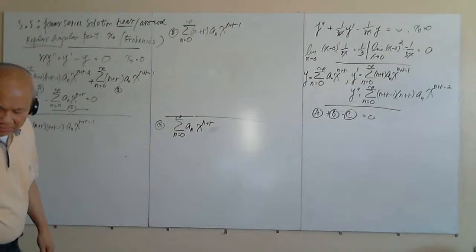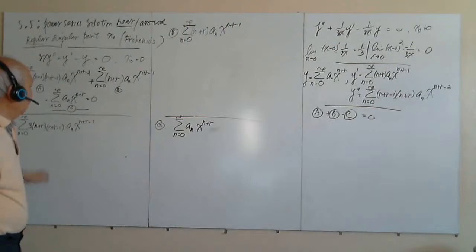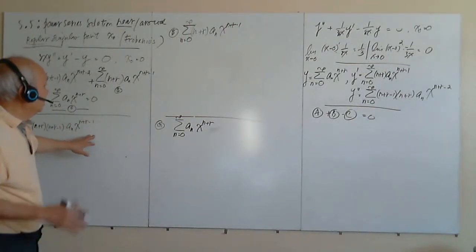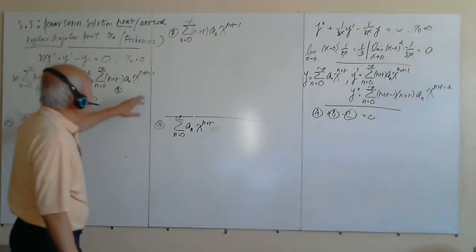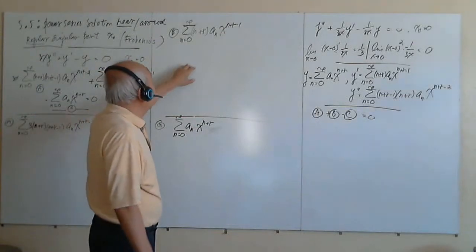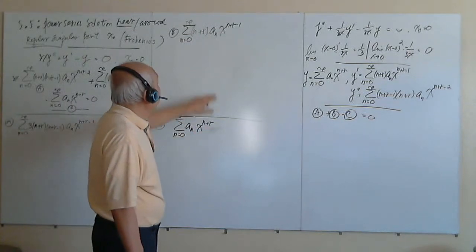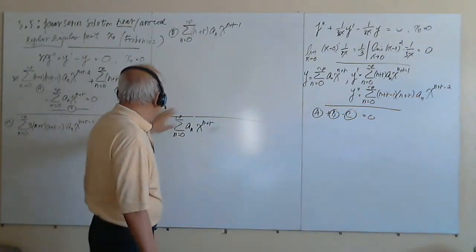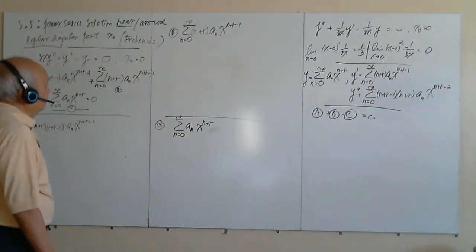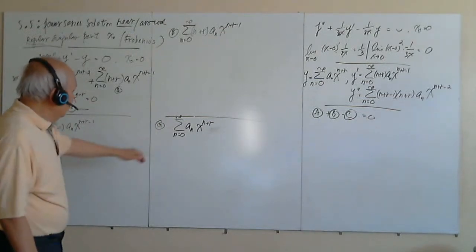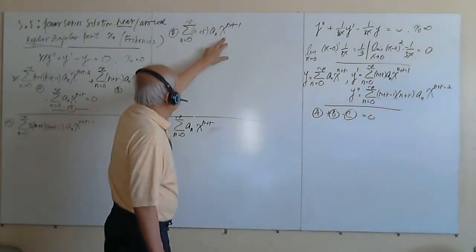Let's do this one. According to the standard procedure, first of all we need to make sure that all the exponents of x are uniform. So this one is n plus r, and this one is n plus r minus 1, and this one is also n plus r minus 1. Of course, the first tendency is that this term is a minority, whereas x to the n plus r minus 1 is the majority.